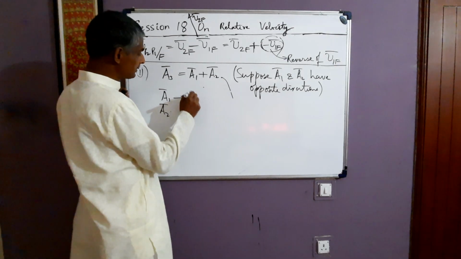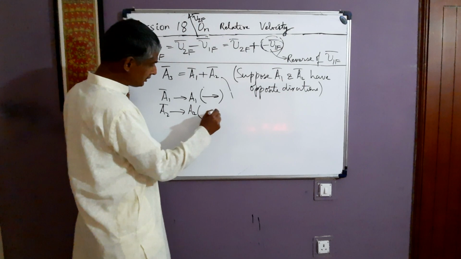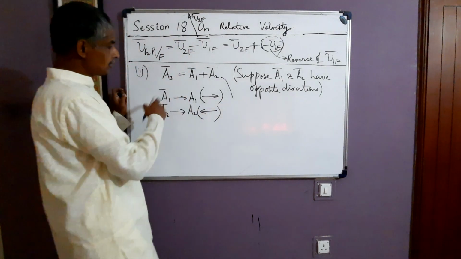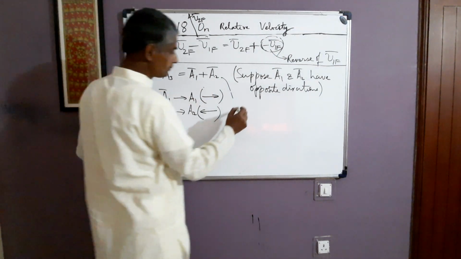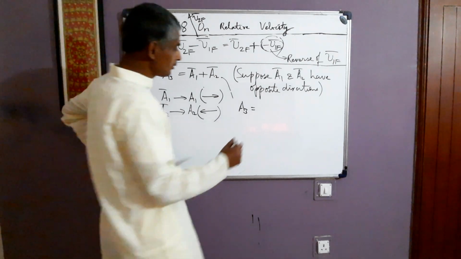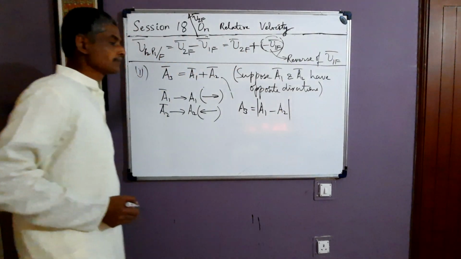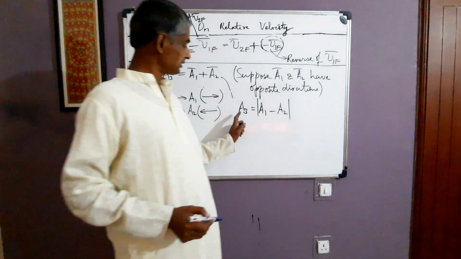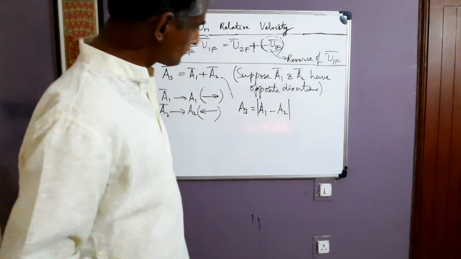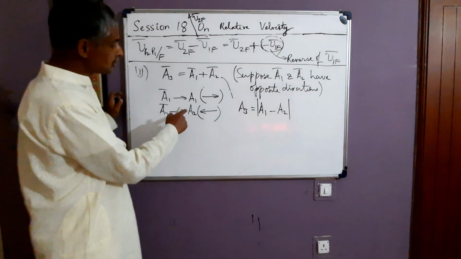Suppose vector A1 has a magnitude A1 in the rightward direction and vector A2 has a magnitude A2 in the leftward direction. Now A3 is the vector sum of A1 and A2. Then, from the parallelogram law of vector addition, the magnitude of vector A3 will be the magnitude of the difference in magnitudes of these two vectors. Is it clear? And the direction of A3 will depend on the directions of A1 and A2 and which one is greater.